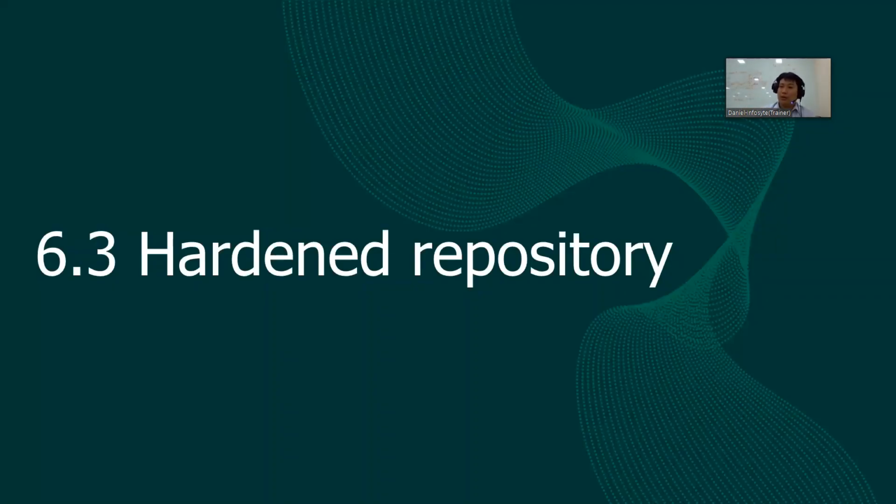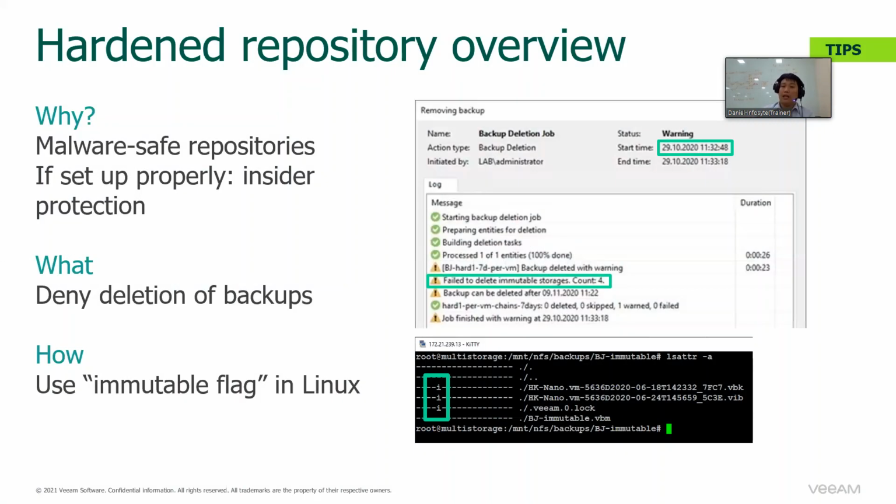The next thing, we move on to the hardened repository. Okay? Hardened repository. Over here, we will be able to utilize a Linux-based repository server to offer additional feature support. Now, in the Linux operating system, we are able to integrate with a local immutable function.